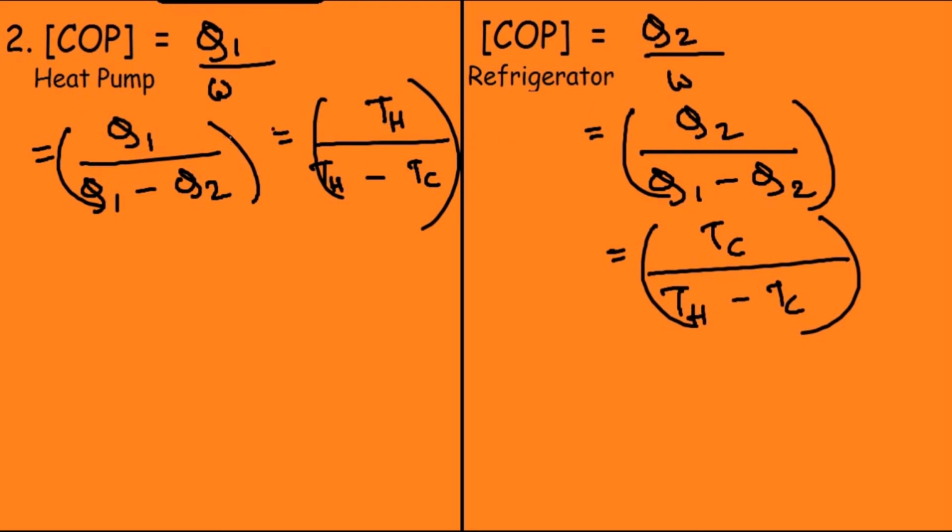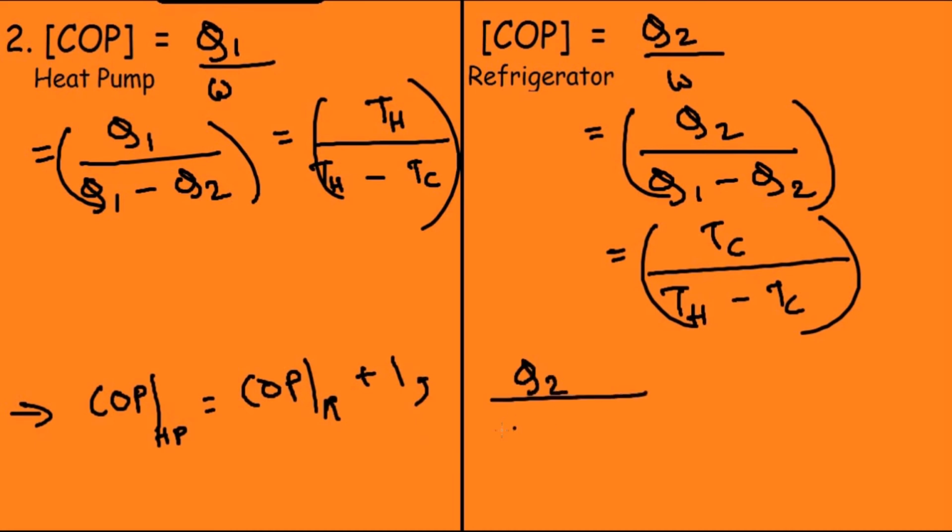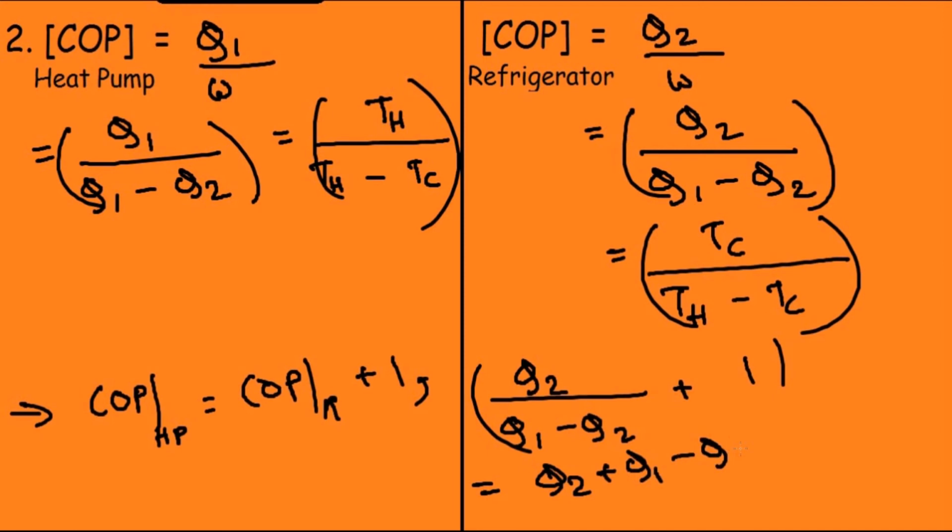Now there is a correlation between the COP of the heat pump and the COP of the refrigerator. It is given by COP of heat pump equals COP of refrigerator plus 1. We can prove this easily. If I add 1 to the COP of the refrigerator, that is Q2 divided by Q1 minus Q2 plus 1, and simplify, this ends up being Q2 plus Q1 minus Q2 divided by Q1 minus Q2.